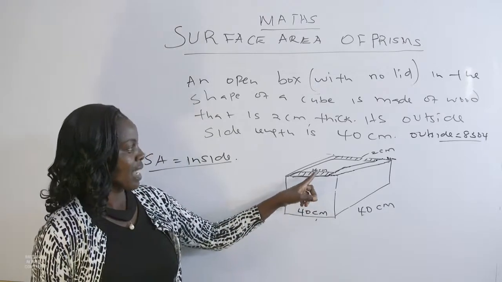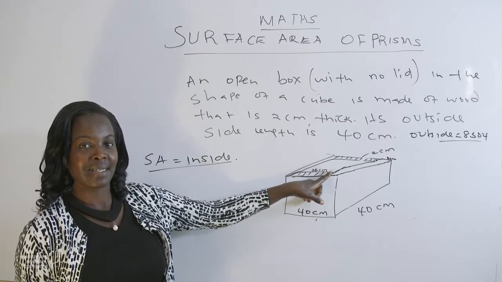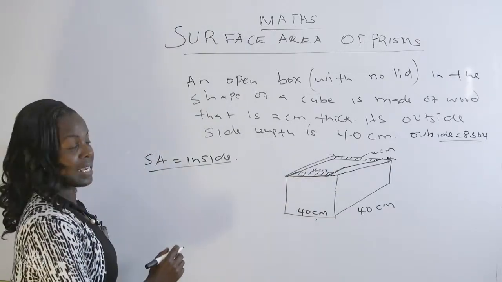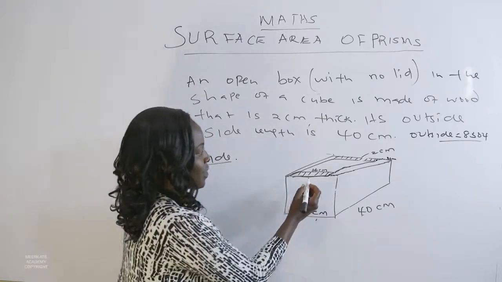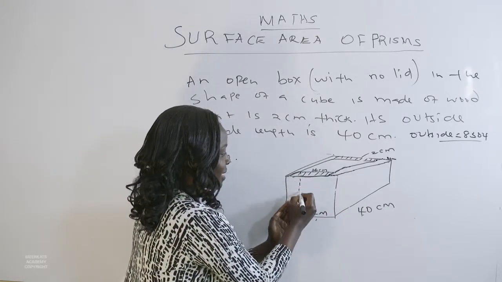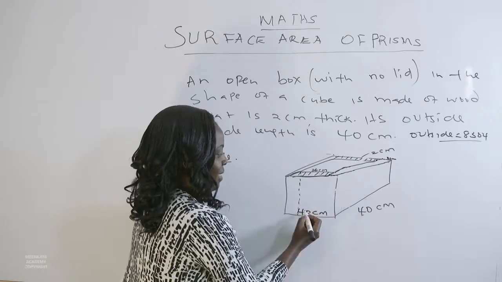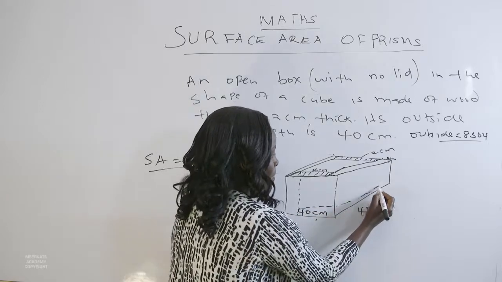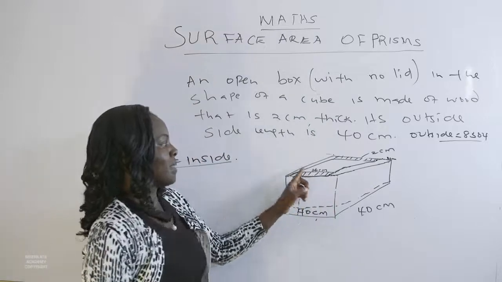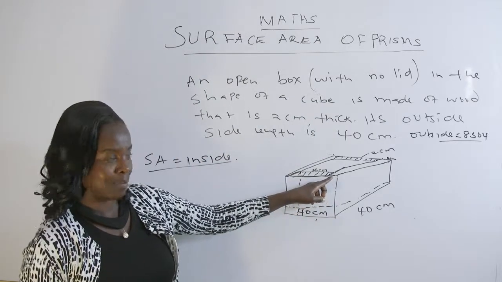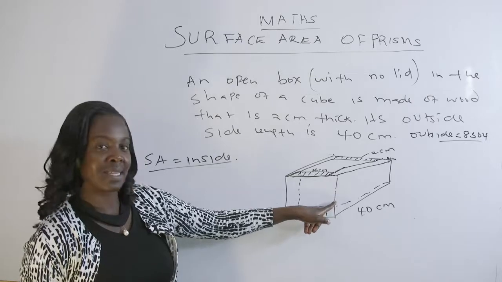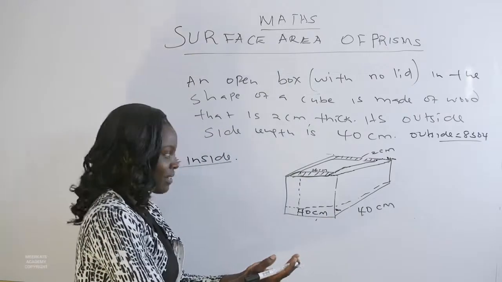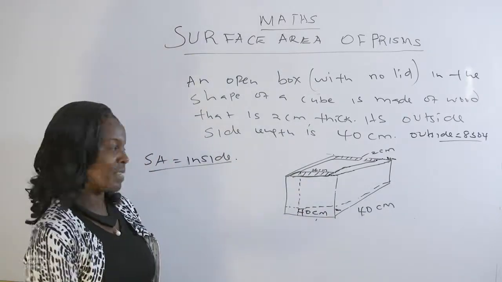We'll have 36 centimeters being the length, and the base will be 38, because the wood will take 2 centimeters from the bottom surface. So you subtract 40 minus 2, we have 38.